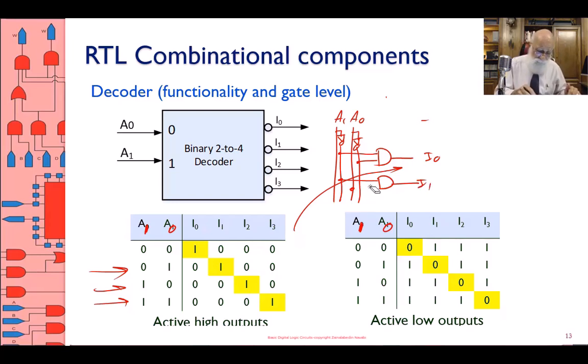Okay, so this circuit that I'm showing here, the truth table of which I'm showing here on the left, can easily be built using AND gates. But then I go and look at my other bag, my gates bag.